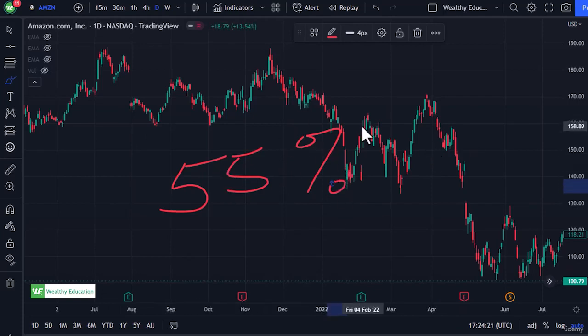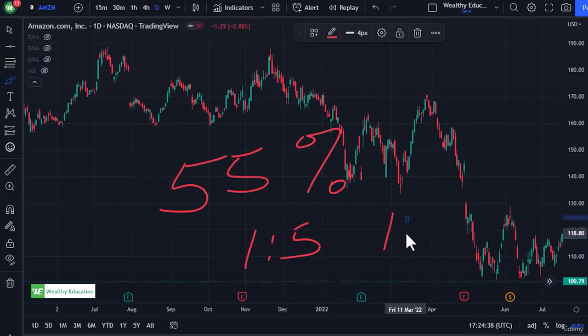But they overcome this because, number one, they let their winners run and they get rid of their losers pretty quickly. So some of these traders might have a 1-to-5 ratio. Some might have 1-to-3, whatever. The point is that they are aiming for much more than they are risking. That's the other part of this that doesn't get talked about enough.